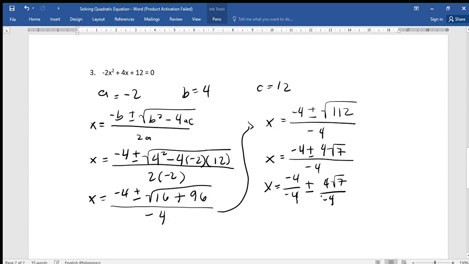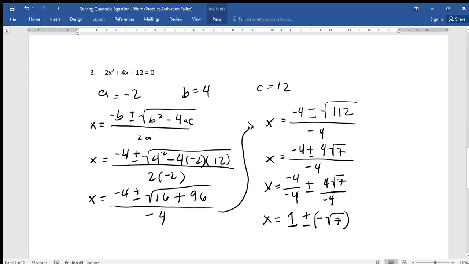Okay po? So, kung mapansin nyo dito, x is equal to, ito magiging 1. Negative 4 divided by negative 4 is 1 plus minus, so in this case, 4 divided by negative 4, magiging siyang negative na lang. So, negative square root of 7. Kasi ito magiging negative 1, I mean.